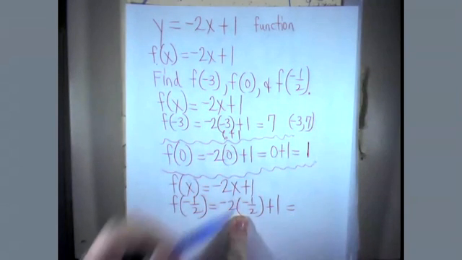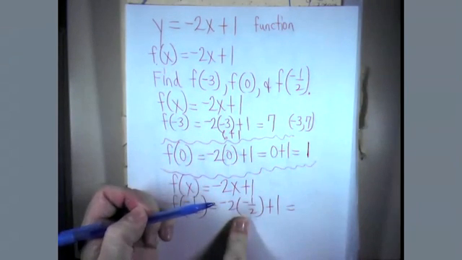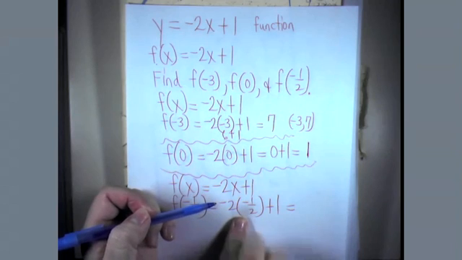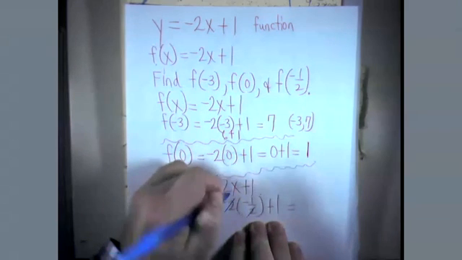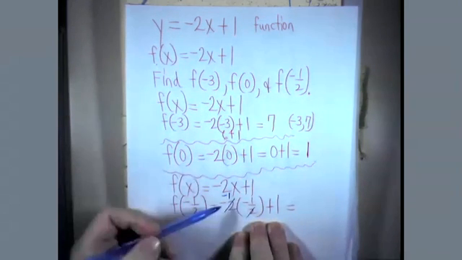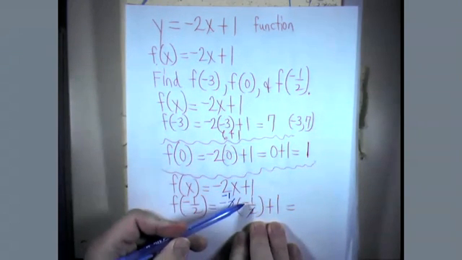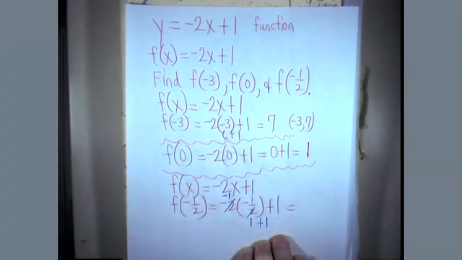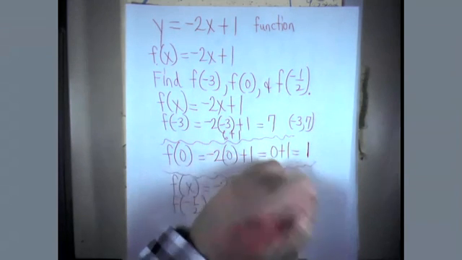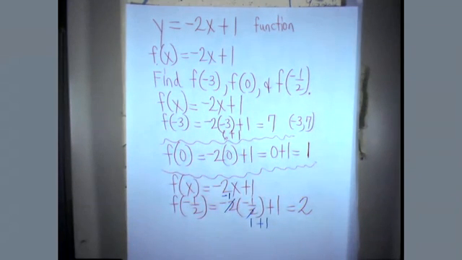So right here, the 2's cancel out. -2 divided by 2 would leave you with a -1. -1 times -1 gives you a +1, plus the 1 that's already there. So when x is equal to -1/2, your corresponding y value would be exactly 2.